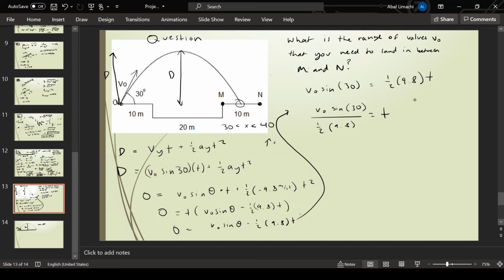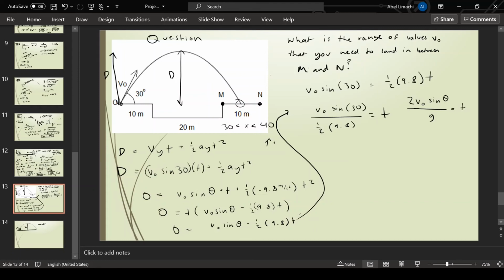If you want, you could say this: v initial sine of theta over g, and this 1/2 becomes a 2, equals t.